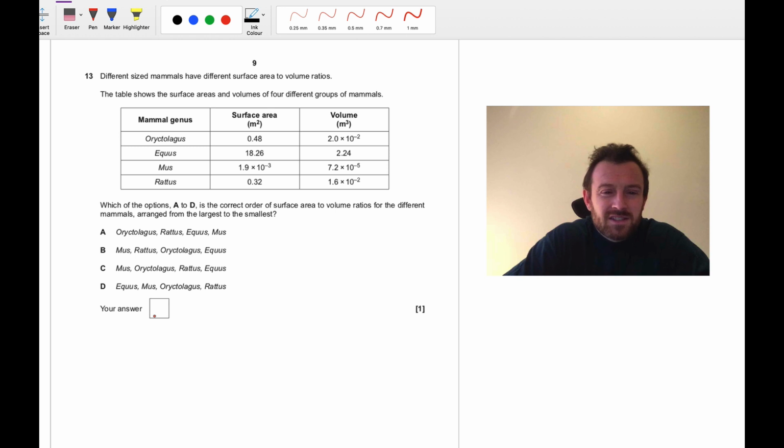Oh gosh, it's so much standard form, I hate standard form. So that's like 24. This is a bit easier. 18.26 divided by 2.24 is 8.15.